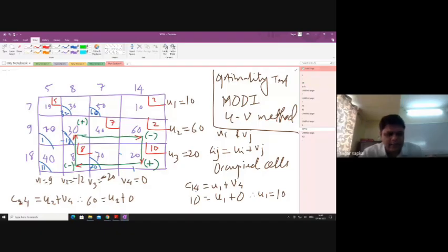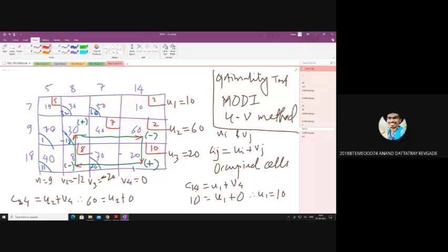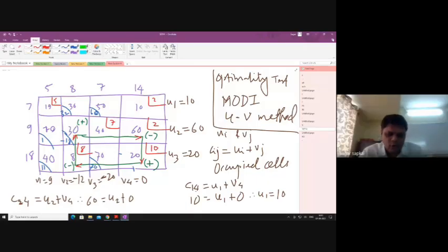Focus on the minus sign cells and choose that minus sign cell which is having minimum allotment. What is the minimum allotment here? Cell 1, 4 has allotment 2 and cell 3, 2 has allotment 8, so 2 is minimum. 2 sir. Focus on that 2 only.